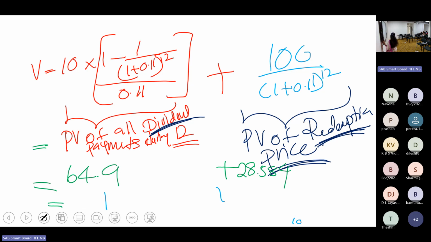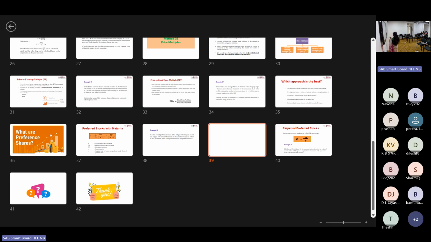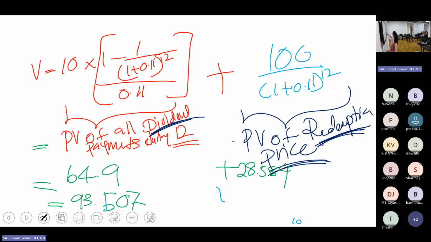Both together, the value is 93.507. These are the dividend payments during 12 years.